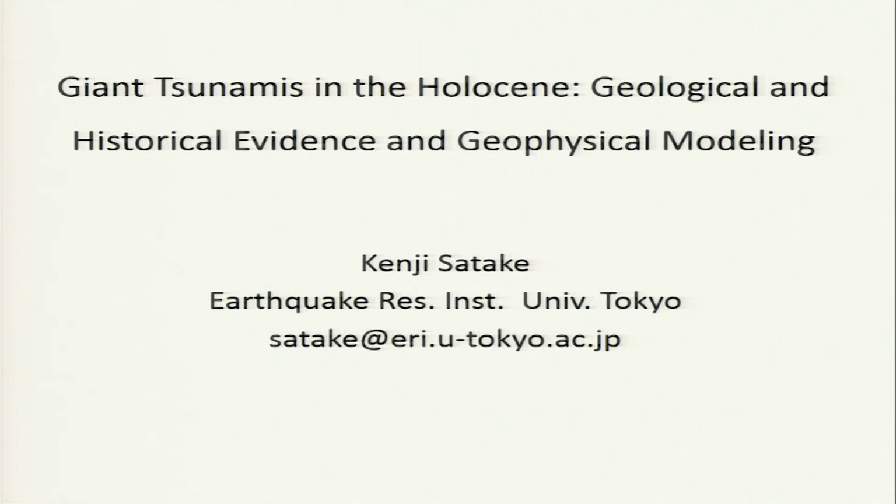This says giant tsunami in the Holocene, that is in the last 10,000 years, geological and historical evidence and geophysical methods. Professor Kenji Satake is one of the pioneer workers on tsunamis, and one of the models which I was showing in my lecture was given by Professor Satake from his lab.